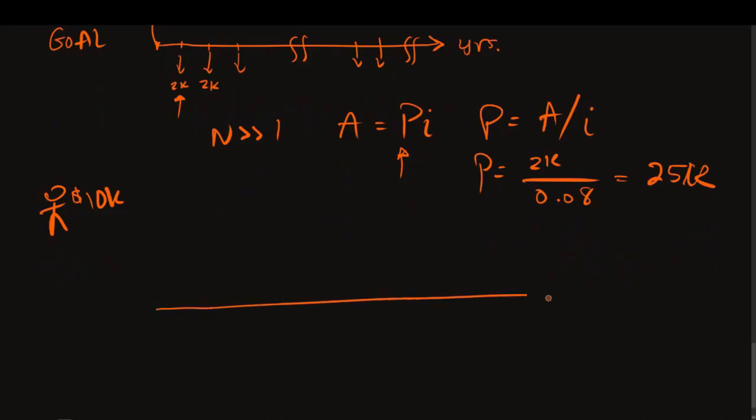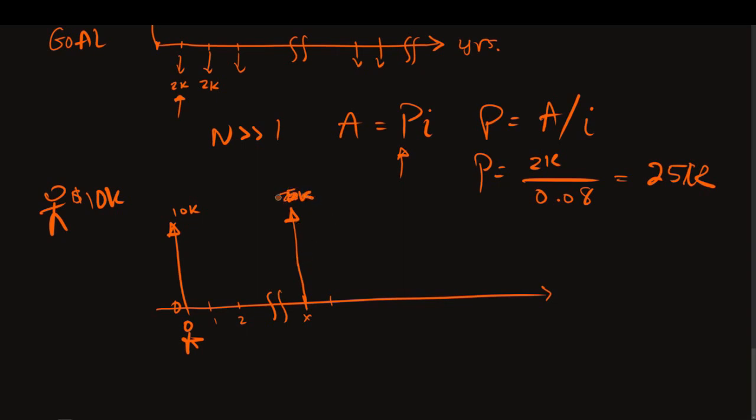So if I was going to draw that out, here's me with my 10K. That's me in period 0. So period 1 to somewhere over here in time frame X, I'm going to have 25K. I'm writing well today.